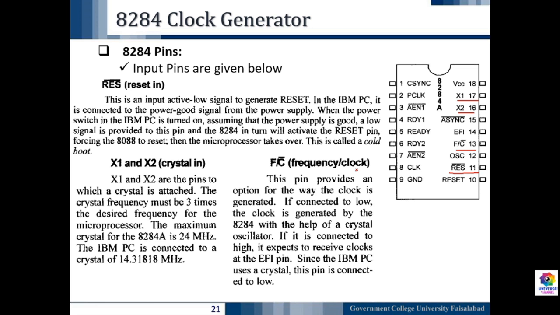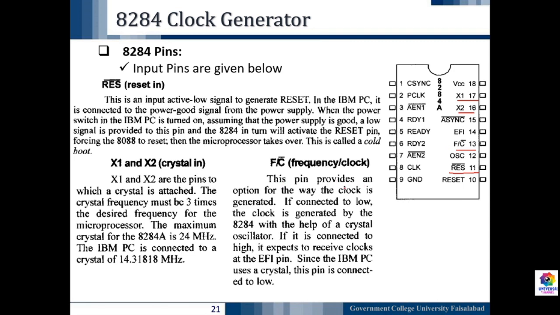So we have both options, and this pin selects between the two. If we set the F/C bar pin to 0, or give an active low signal to this pin, then it will select the crystal oscillator; if we give an active high signal to this input pin, then it will use the external frequency source as the clocking source.